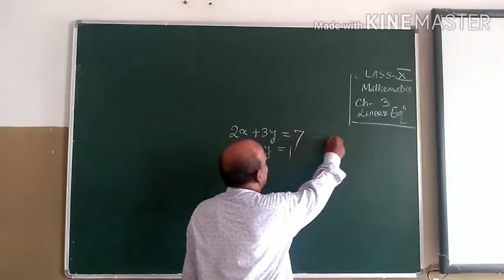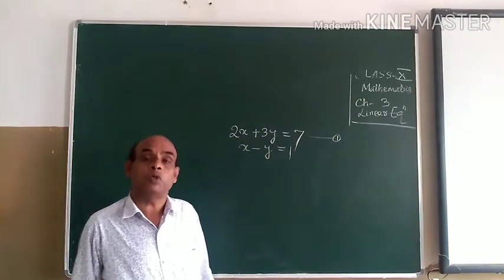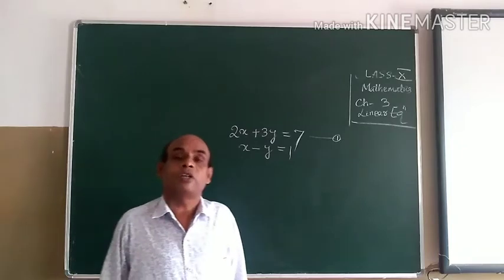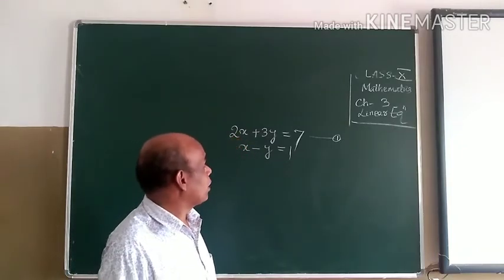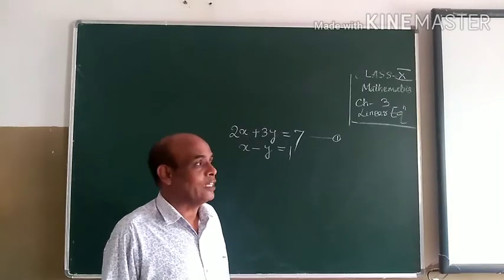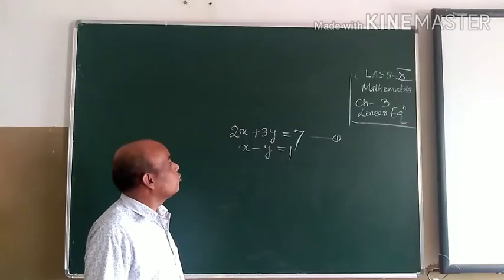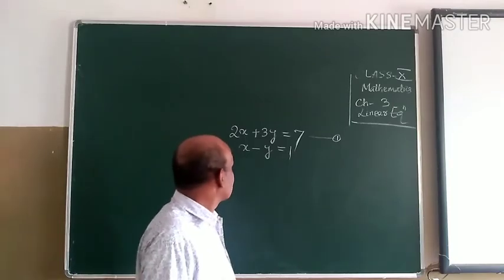The first equation, 2x plus 3y is equal to 7, is a linear equation. Why? Because their power is 1. X power 1, y power also 1, and it contains two variables, that is x and y.